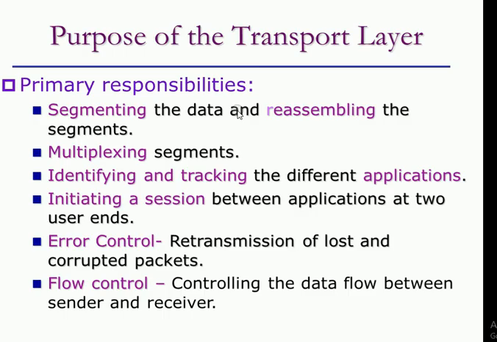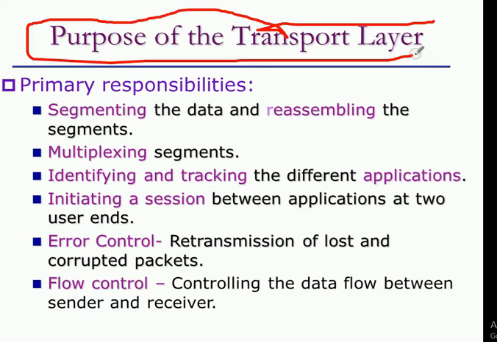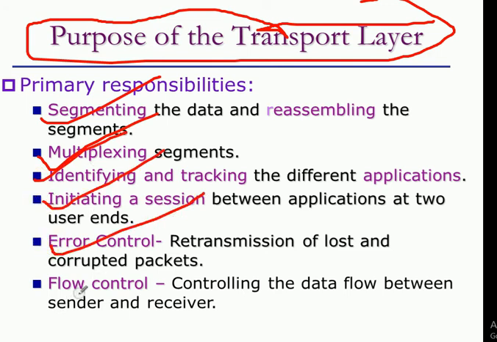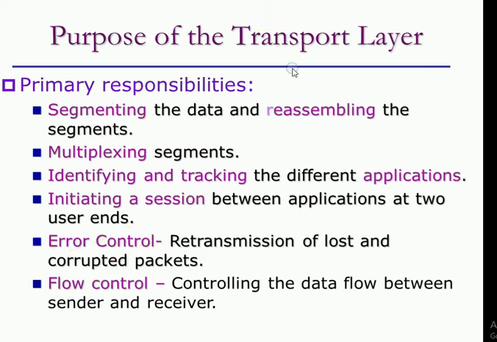Now that we know the responsibilities, the protocol should be able to do all of these tasks. I need all these functions to work properly for the transport layer to work perfectly. So the protocol that gives me all of these functions is the winner. So who is that?